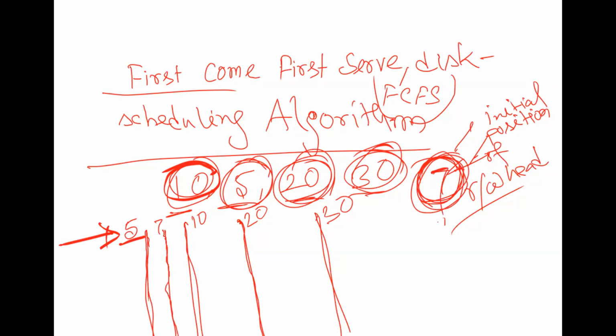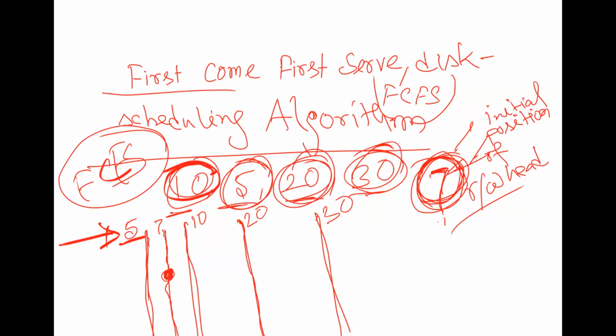Now let's see how many track movements are required if you apply the FCFS algorithm here. At first, the head position is 7. In this track, the head is located at the current position.